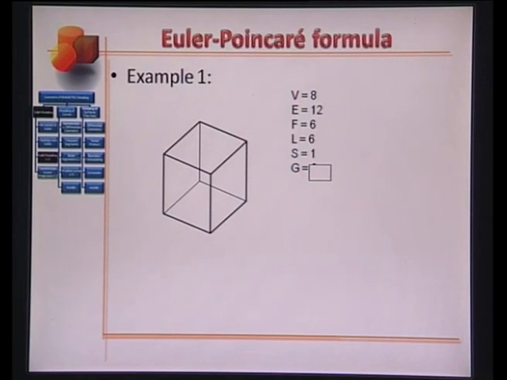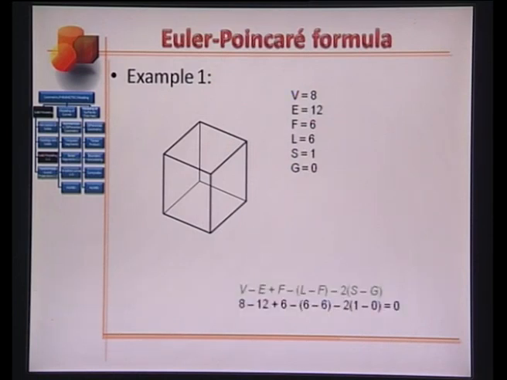The number of shells will be 1 here because a cube will be a bounding surface comprising 6 planar faces. It does not have a handle, for which reason the genus value is 0.